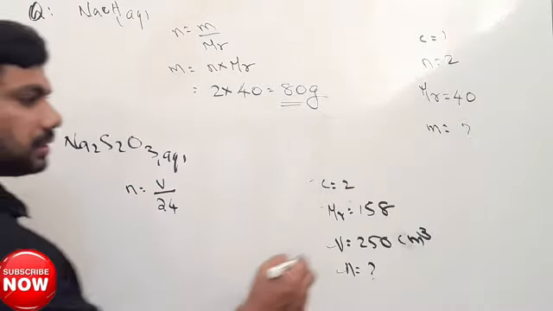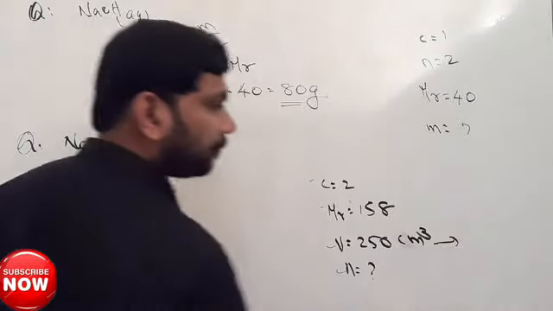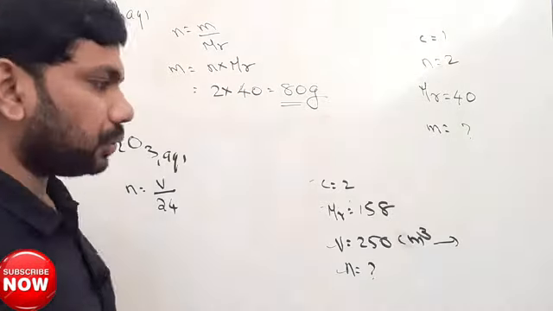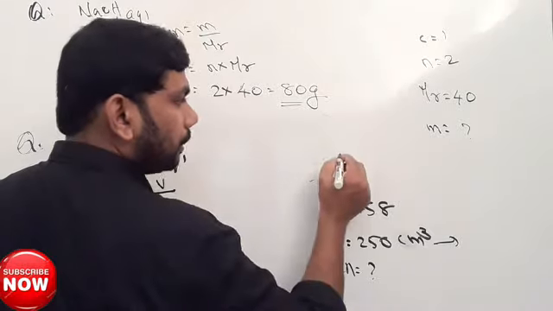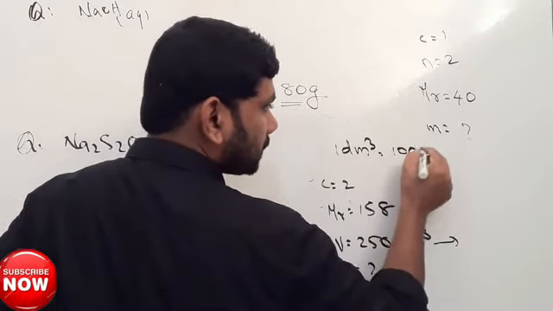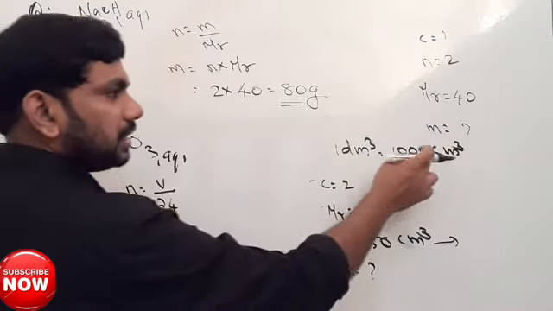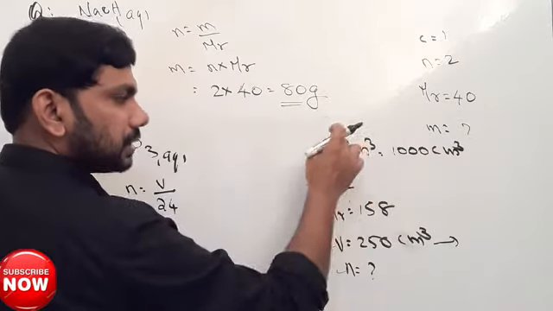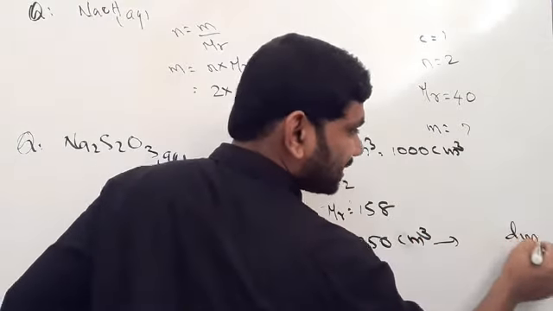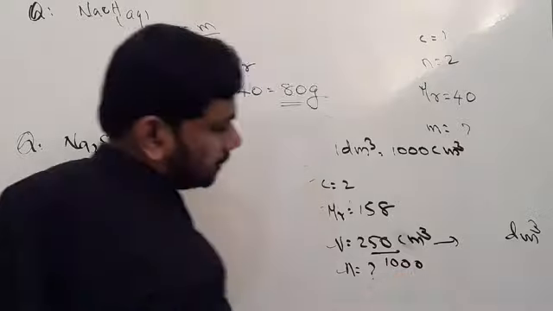See here, volume is in centimeter cube. You have to convert this into decimeter cube. You know, 1 decimeter cube is equal to 1000 centimeter cube. So to convert centimeter cube into decimeter cube, divide by 1000.